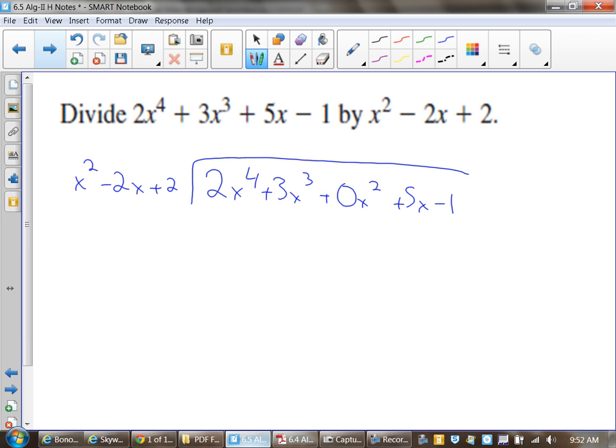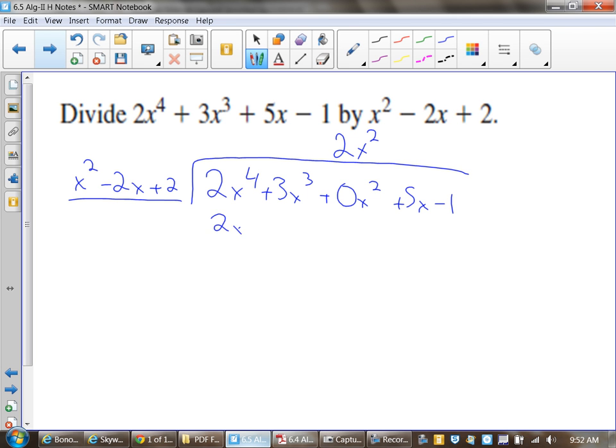Start with the question. I want to turn x squared into 2x to the fourth. What do you multiply it by? 2x squared. Where do I place that 2x squared above then? Above the x squared. Very good. All right. Distribute this to those.